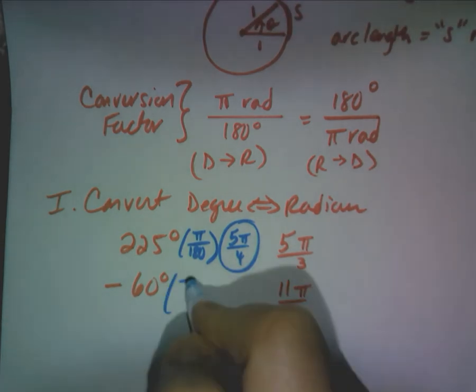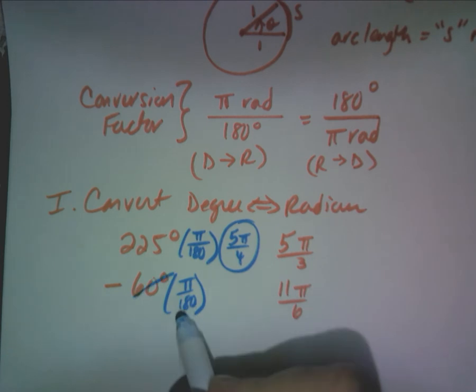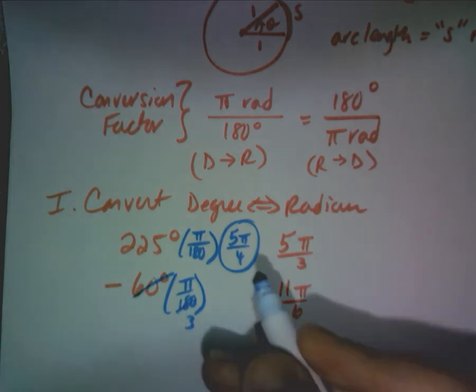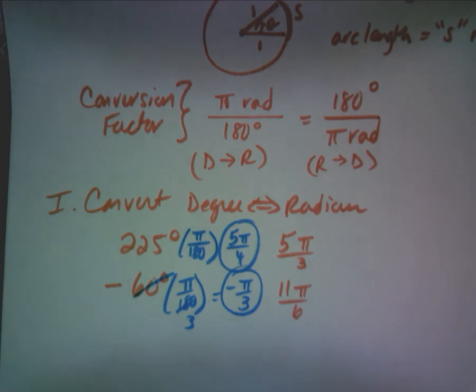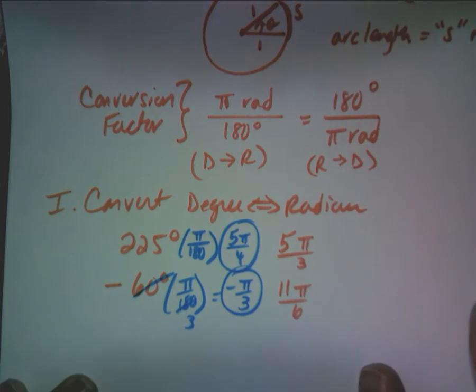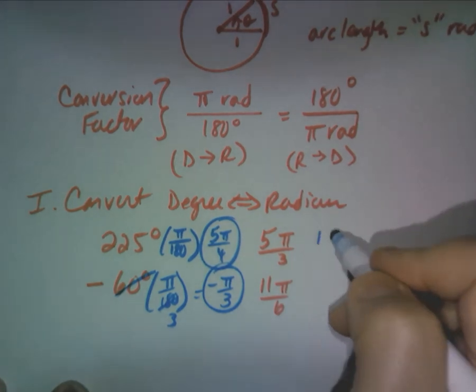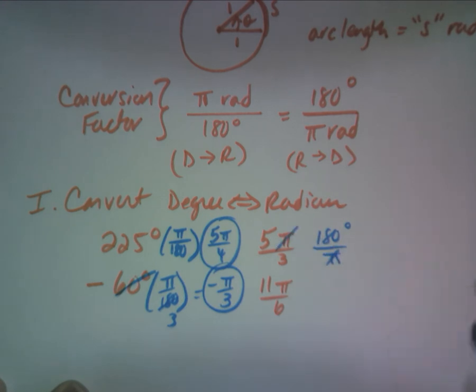Negative 60 degrees, again, that's one of them you should actually know. But 60 goes into 180 3 times, right? So this is negative pi over 3. That's the radian measure. Now, if I'm going from radian and I want to convert it to degrees, I put the 180 on top and I put the pi on the bottom because I want the pi's to cancel. I don't want to have pi in my degree answer.